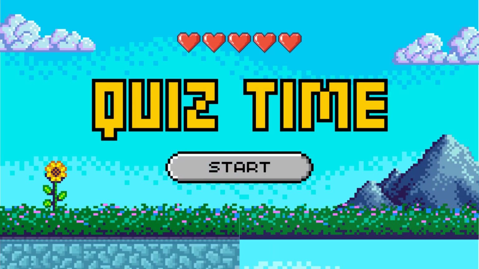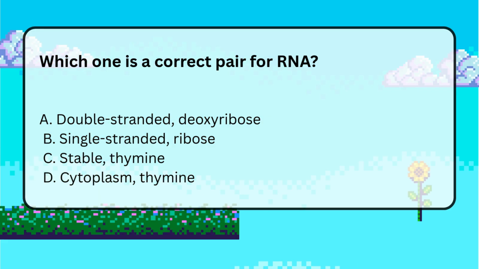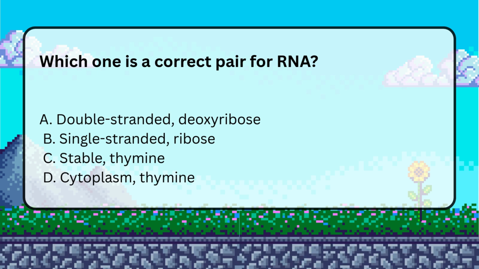Now the MCQ question that can be asked is: which one is the correct pair for RNA? Double-stranded and deoxyribose. So no, it's not going to make sense, because that is related to DNA: DNA is double-stranded and has deoxyribose. Single-stranded and ribose.